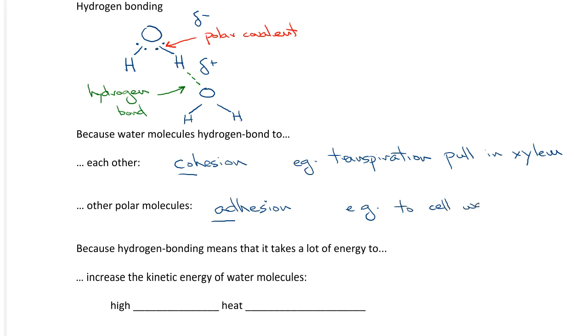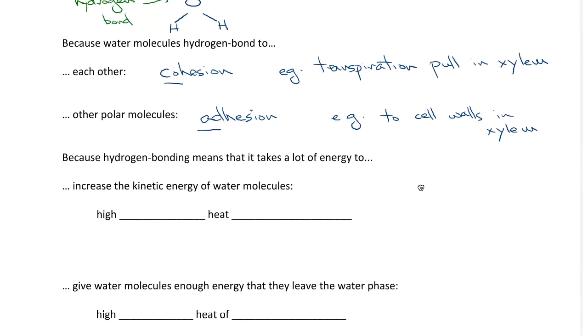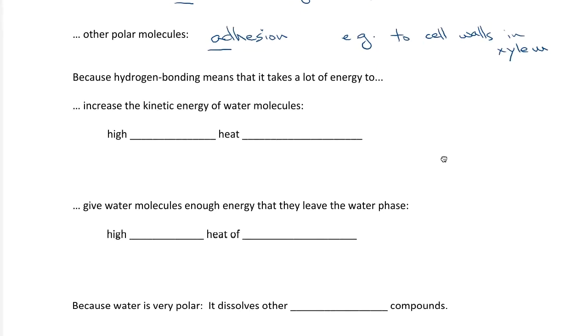And just like holding on to the side of a rock climbing wall would help you get up, holding on to the polar cell walls helps the water molecules climb up the tree as well. So hydrogen bonds are important in a number of ways, cohesion and adhesion being the first two.